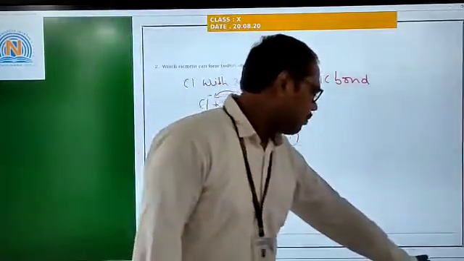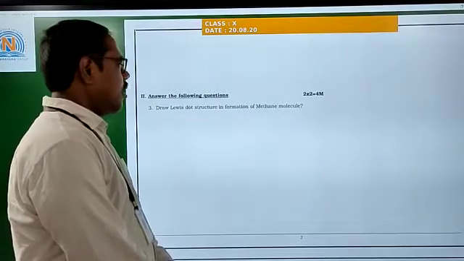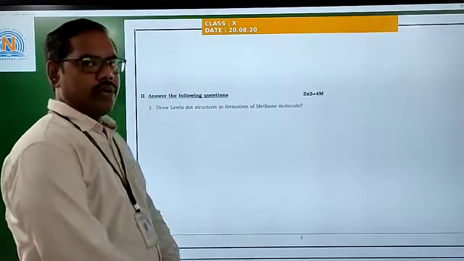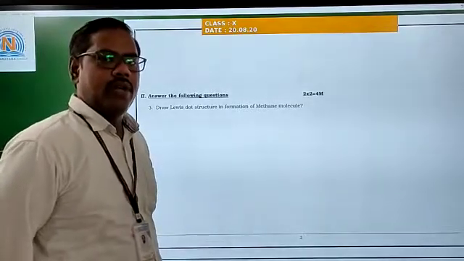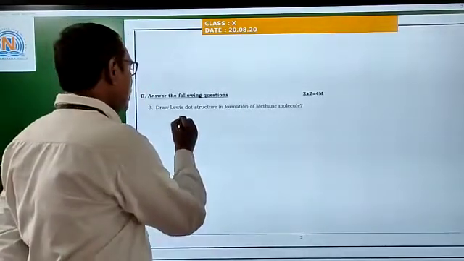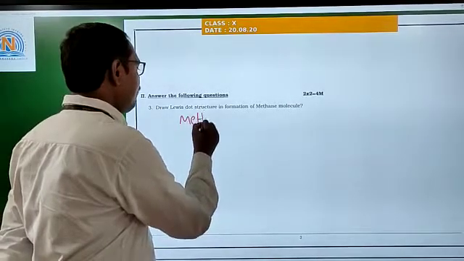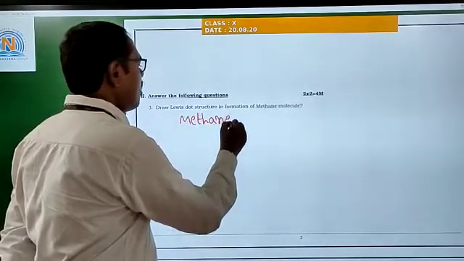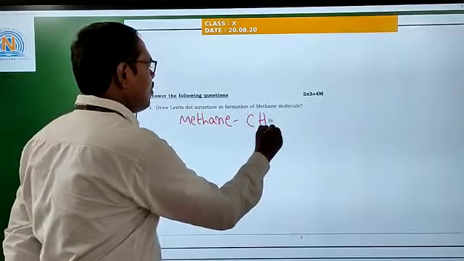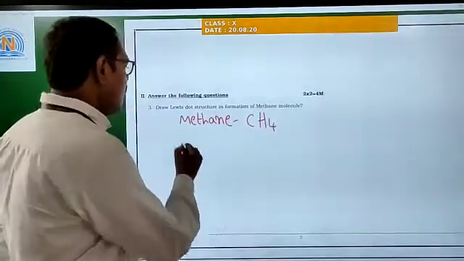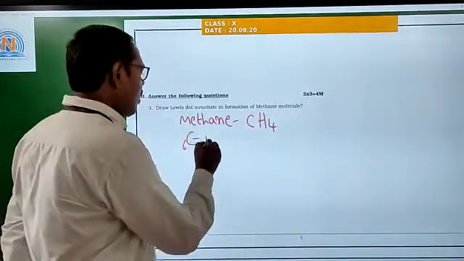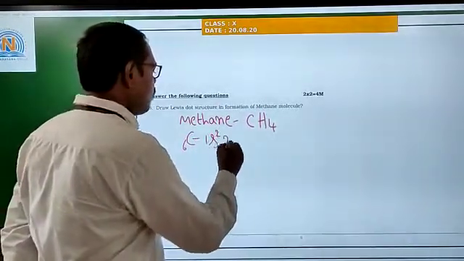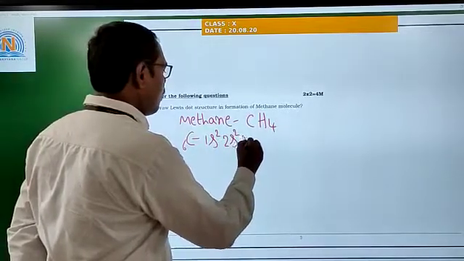Next, coming to 3: draw the Lewis dot structure in formation of the methane molecule. They are asking for the Lewis dot structure for the methane molecule. Methane chemical formula is CH4. Here the carbon atomic number is 6, electronic configuration 1s2, 2s2, 2p2.